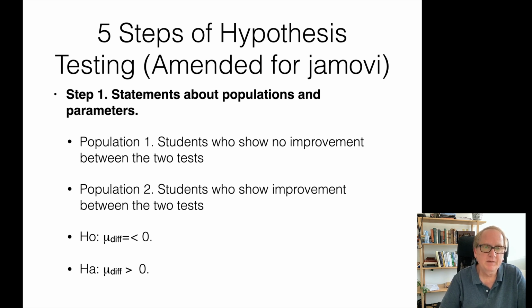So that is, I think that people who show no improvement are going to have a mean that's equal to or less than 0. Whereas if you actually are doing better on your second exam than the first, the mean of the differences then would be greater than 0. So I'm going to have a directional hypothesis, which you're going to see is going to make it into a one-tailed test. So my mu of my differences is greater than 0.